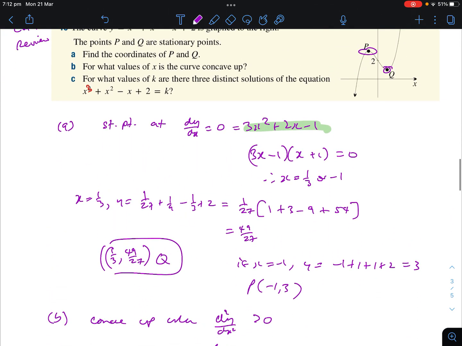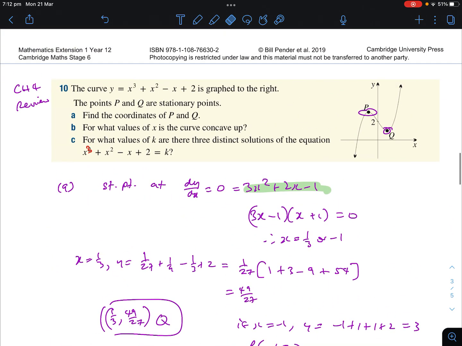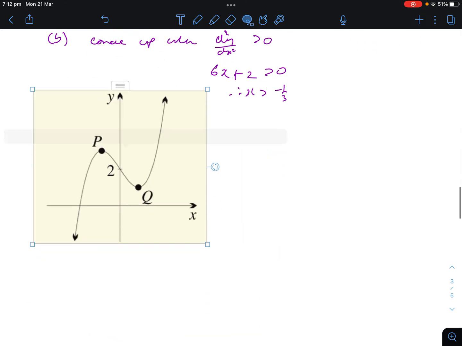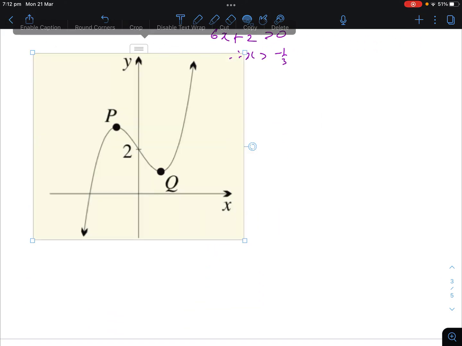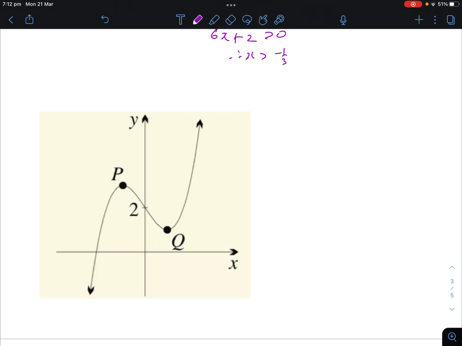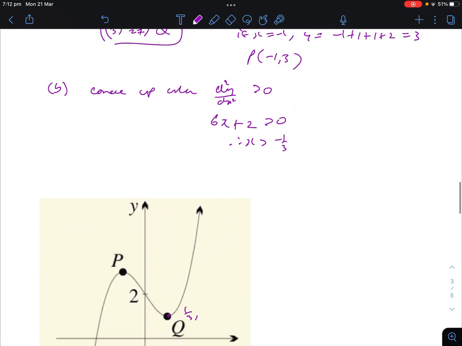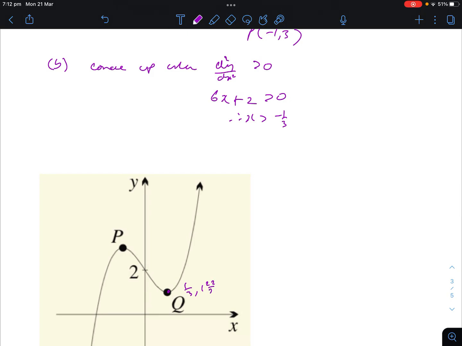It's such a hassle to draw a cubic all by yourself, so I might as well just copy theirs and make it huge, a bit more reasonably sized so you can actually read some things from it. This is the point a third, comma, 1 and 22 over 27, less than 2.